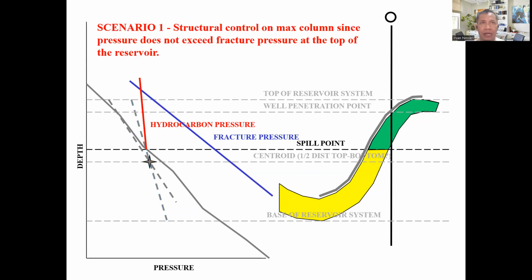So a number of scenarios have been exercised. In scenario number 1, the maximum height of the hydrocarbon column in the reservoir is determined by the structural features of the reservoir rather than the pressure. This is because the pressure at the top of the reservoir doesn't exceed the fracture pressure, which is the pressure at which rock formation would break and allow fluid to escape.